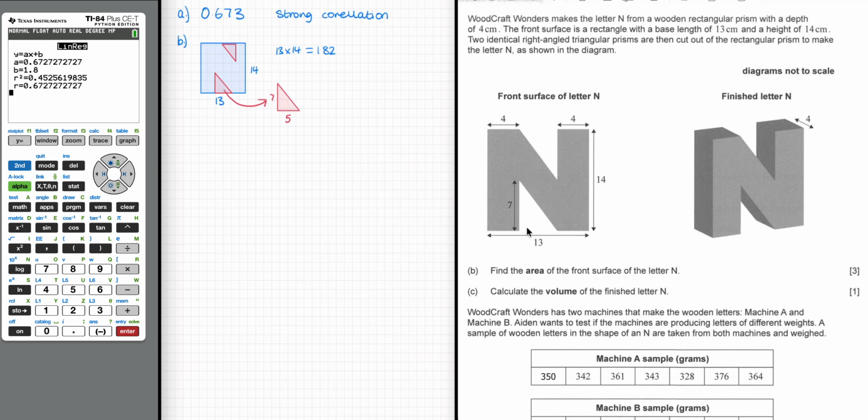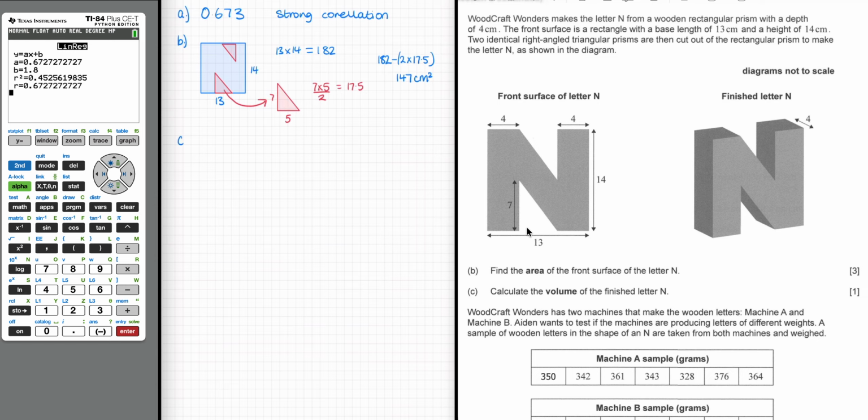So the area of that triangle is 7 times 5 divided by 2, which is 17.5. So now we know that the area of the shaded part is 182, the full rectangle, minus 2 lots of 17.5, which are my 2 triangles. And that gives me a total of 147 centimeters squared.